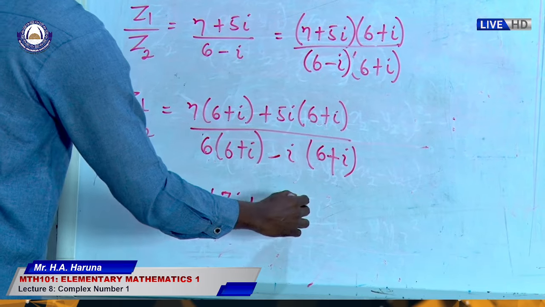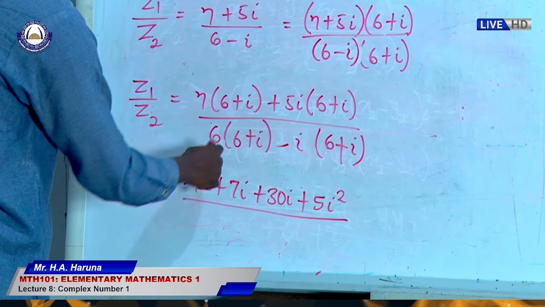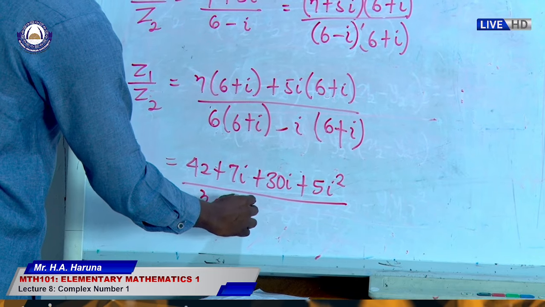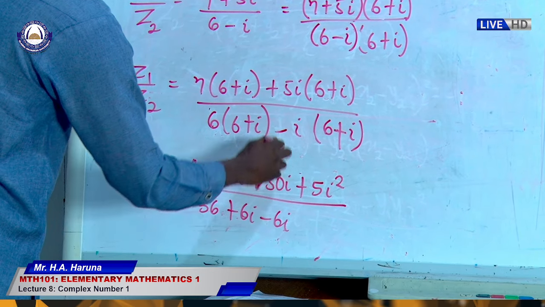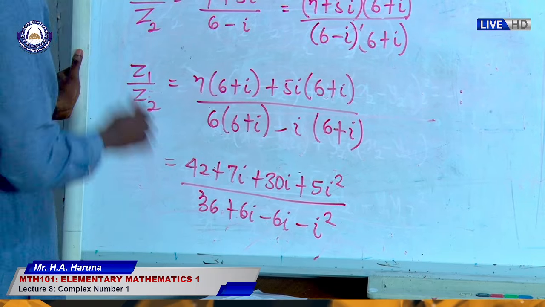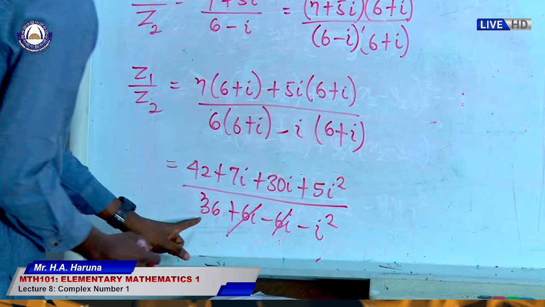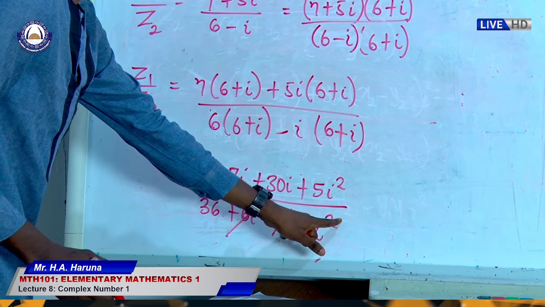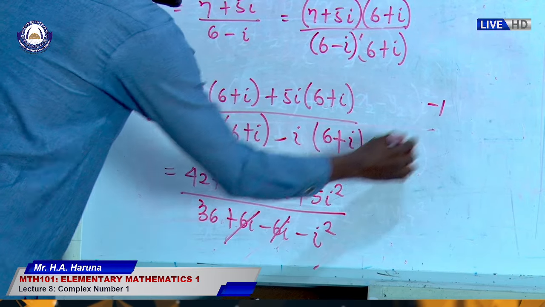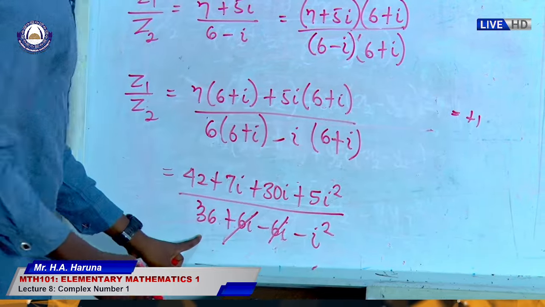Then also this is 5i squared over, now 6 times 6, 36, plus 6i minus 6i, and this will be negative i squared, instead of the positive we had earlier. Now we cancel this. 36, i squared is minus 1, don't forget. And so when you multiply again by negative, it gives you plus 1. So the whole of this is plus 1, plus 36.